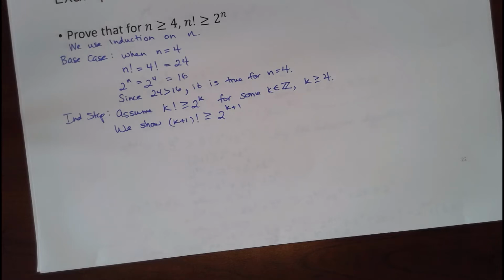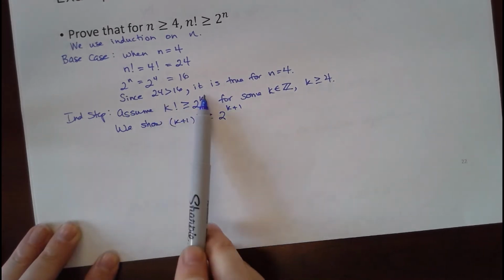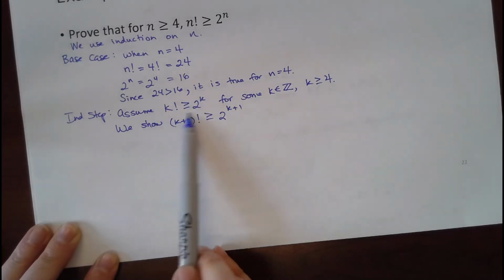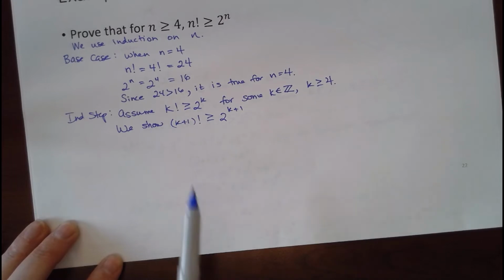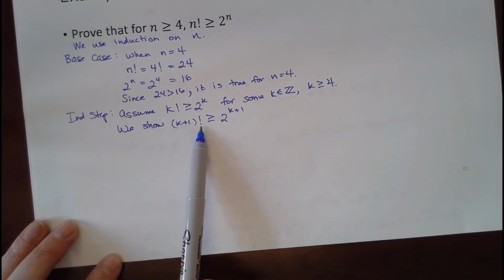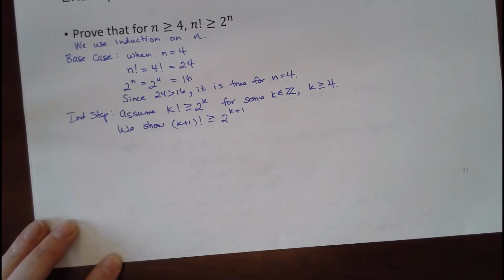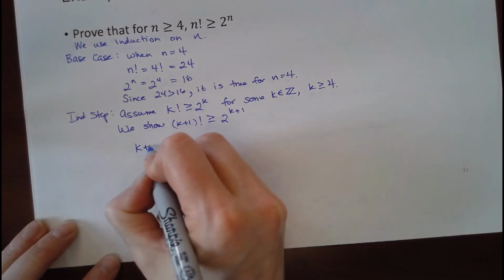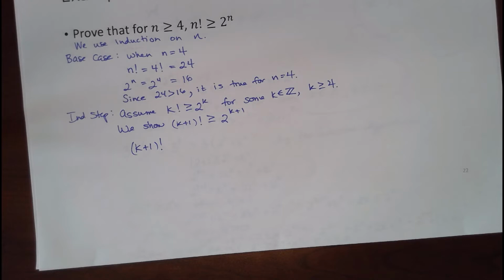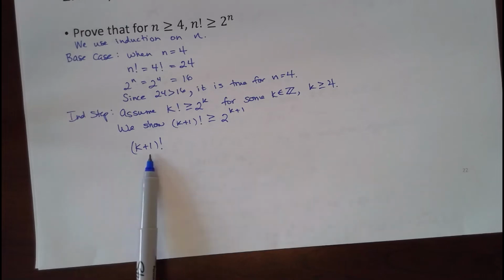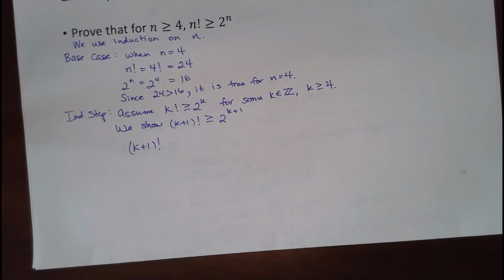We know it's all going to depend on this inductive hypothesis, which tells us something about k factorial. If we look at the left-hand side of our inequality, k plus 1 factorial, the question is, can we rewrite that in terms of something that we know from our inductive hypothesis? Could I rewrite this in terms of k factorial?